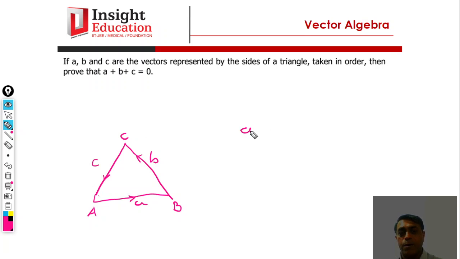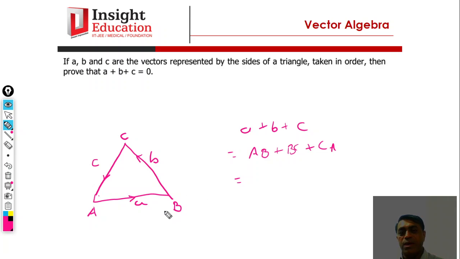Now we can write A plus B plus C is equal to AB plus BC plus CA. Okay. So now AB plus BC plus CA, so A plus B plus C is equal to 0. Okay.